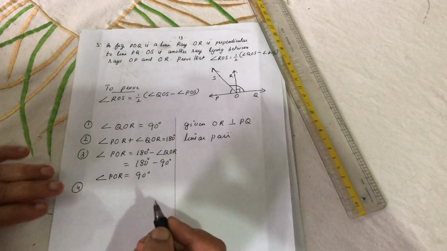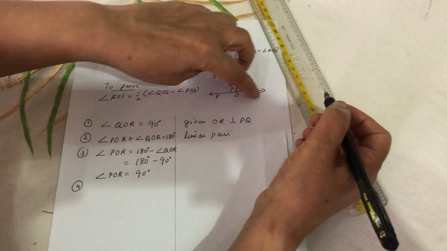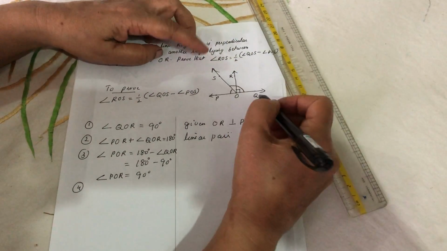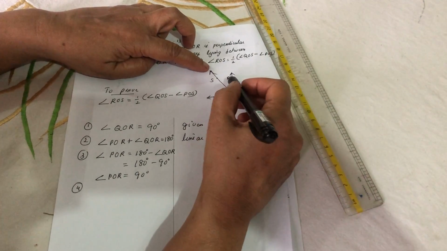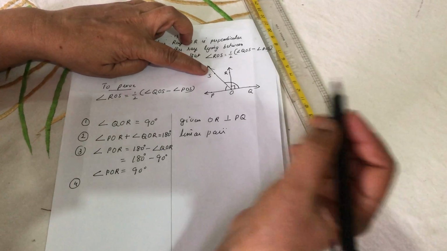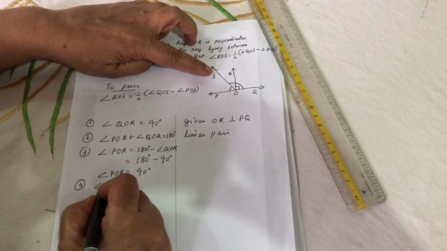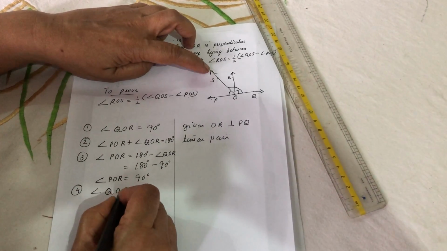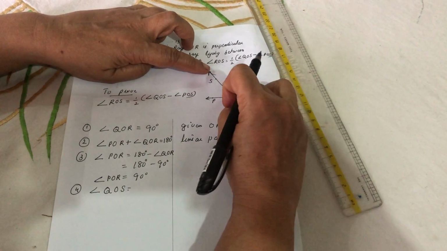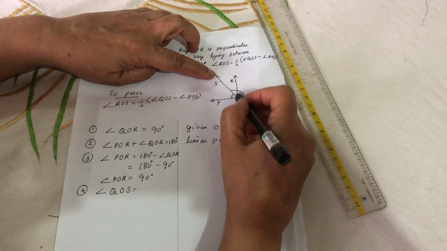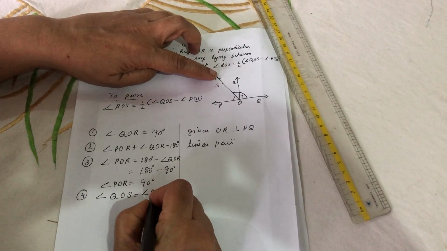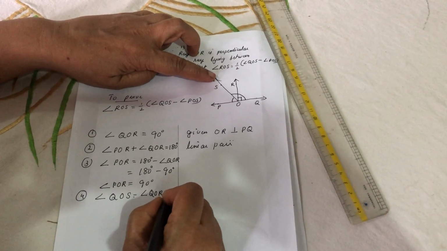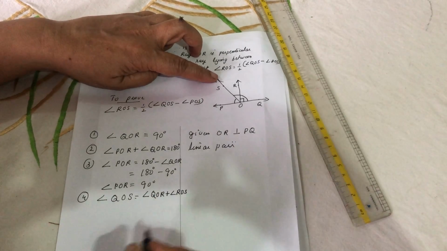Now the fourth point, see now you take this angle QOS. What is angle QOS? Angle QOR plus angle ROS. So angle QOS equal to angle QOR plus angle ROS.